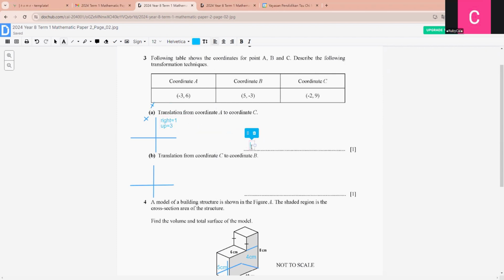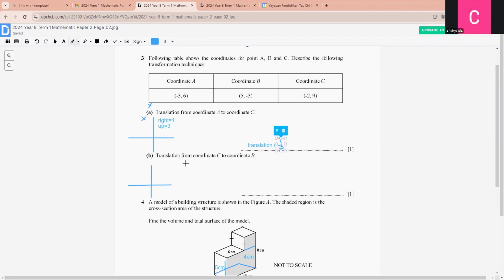So the answer is translation with a vector of 1, 3.